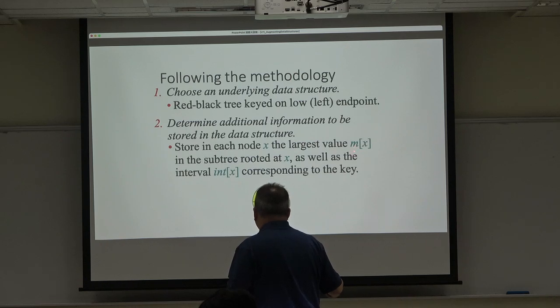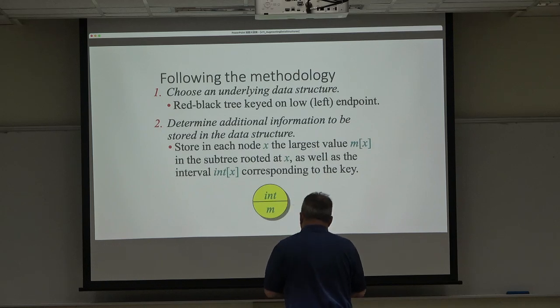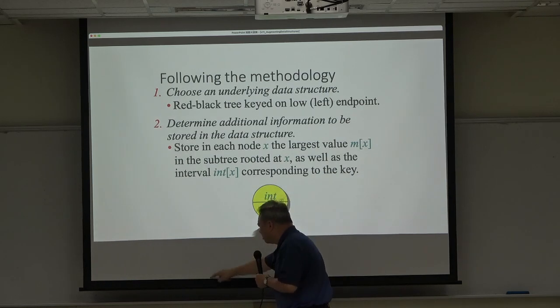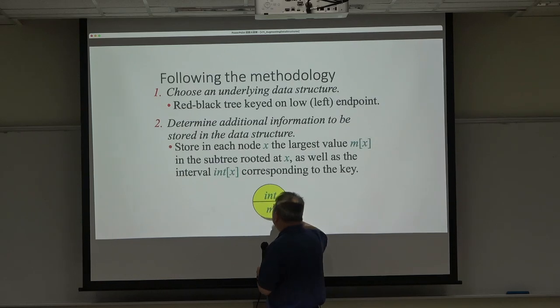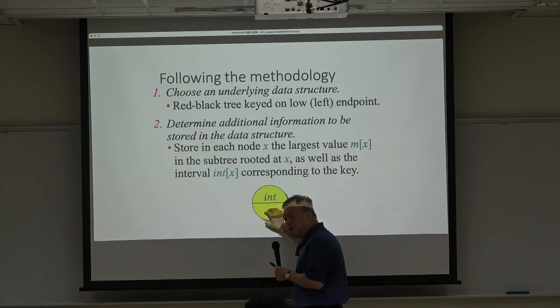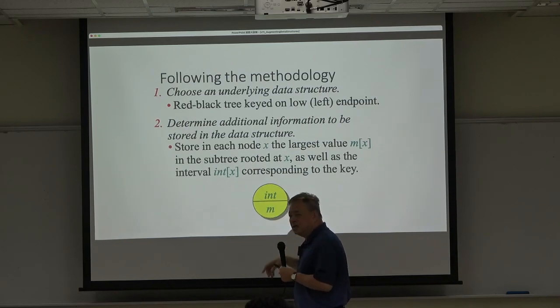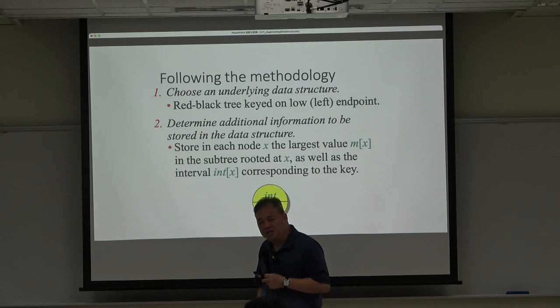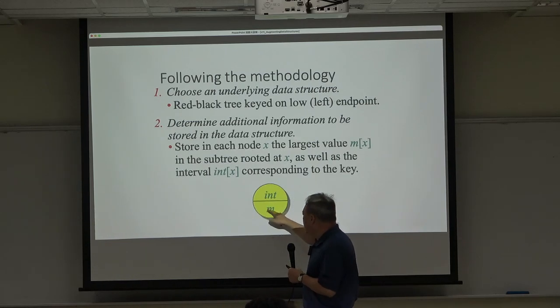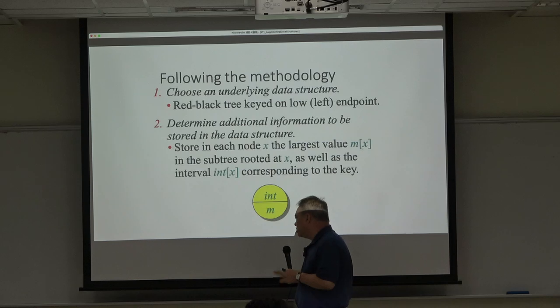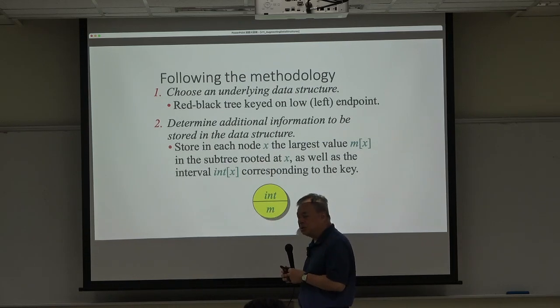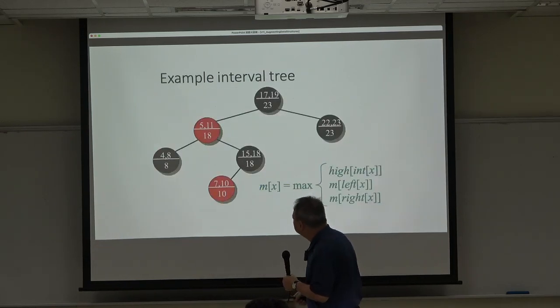So for all the subtrees, the largest value, we store it in m. In the previous order statistic tree example, we stored the size of the subtree, but here we store the largest value. Let me use an example.